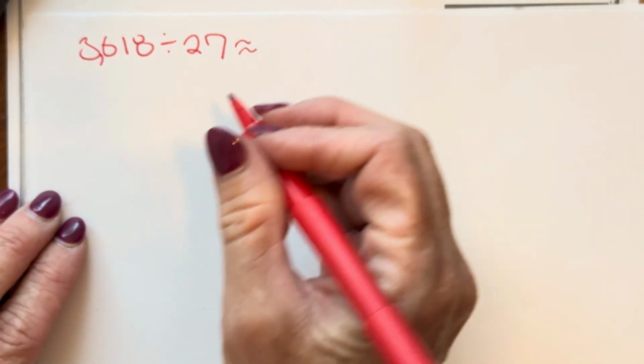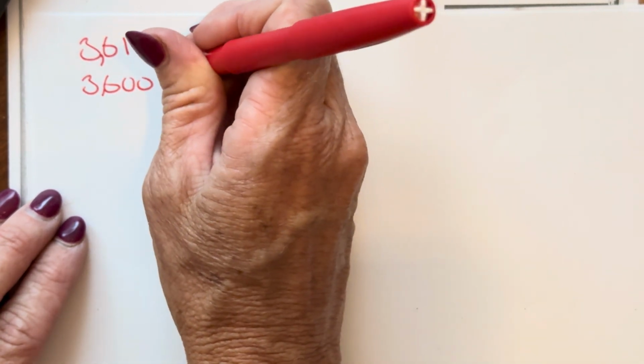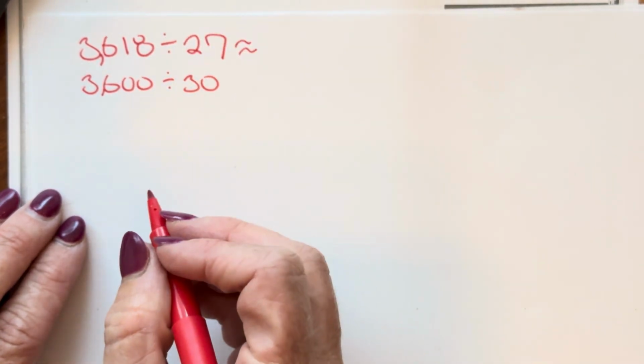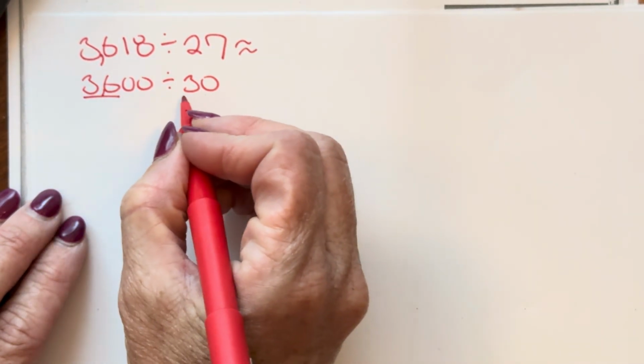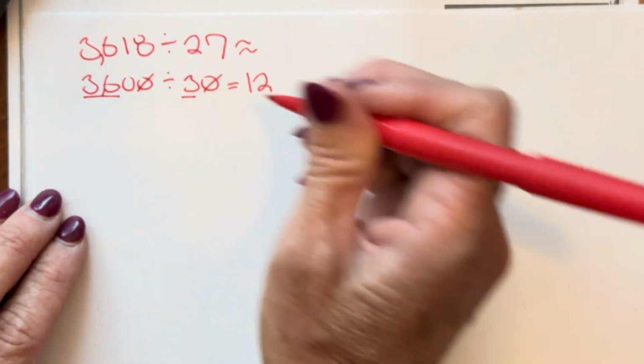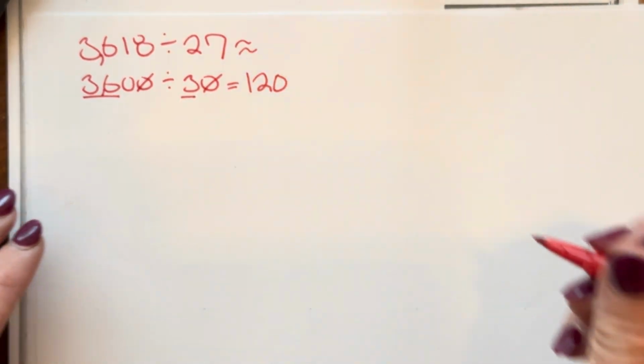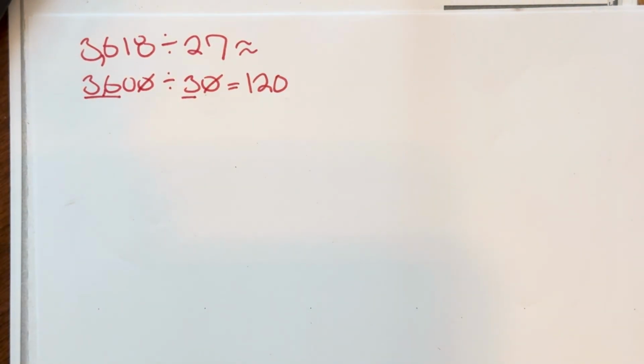So I could say this would be about 3,600 divided into groups of 30. Because I could do 36 divided by 3 would be 12. And if I use my zeros to help me, I would only have one left. So I think my answer is going to be about 120. That's what I think my answer is going to be.